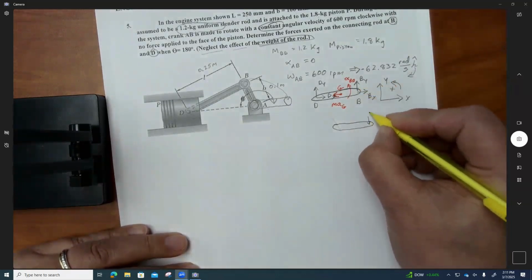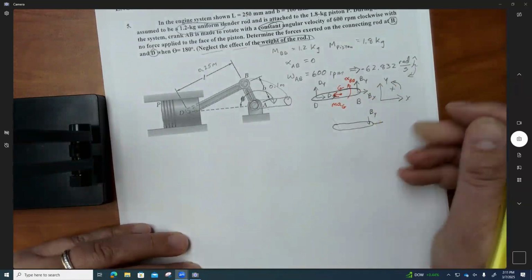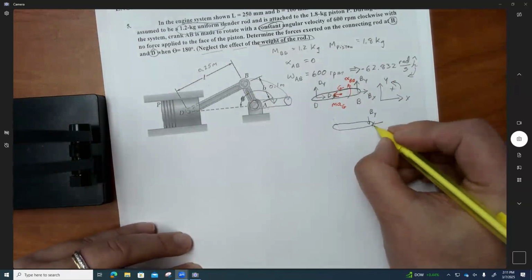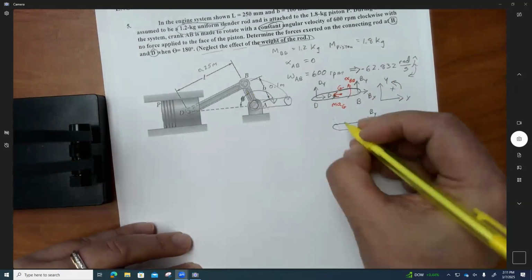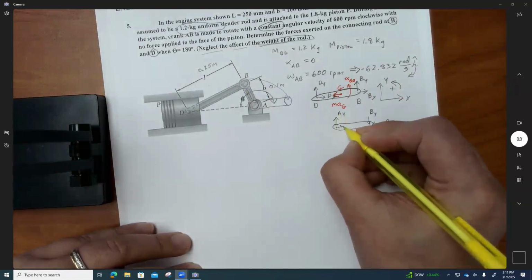If I assumed positive there, I would have a by and, nope, this is connected to this. Yes, bx. And over here, I would have an ay and an ax.